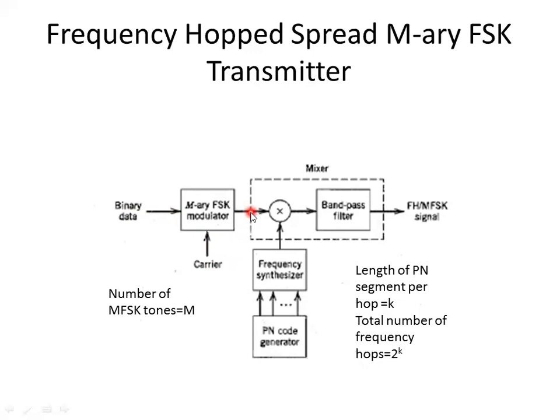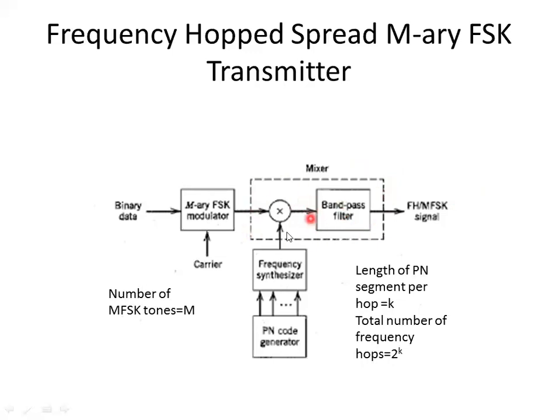So at this point, this is a frequency modulated signal which will be centered at F1 Hertz. We use a mixer to further shift the frequency from F1 Hertz to some other frequency.